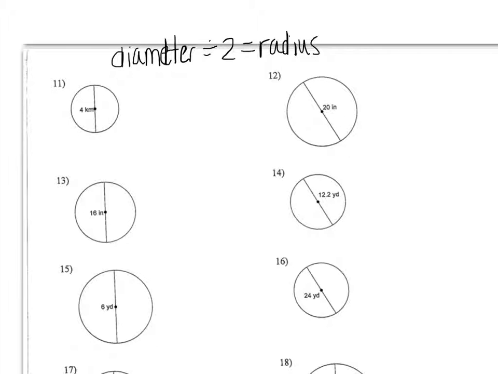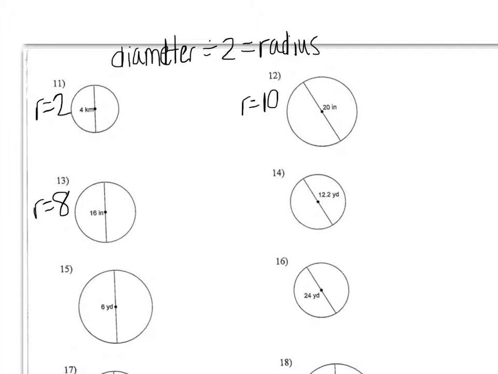So let's do number one. Our diameter is 4, our radius is 2. Number 12, our diameter is 20, our radius is 10. All I'm doing is cutting it in half. Number 13, our diameter is 16. 16 divided by 2 gives us 8.